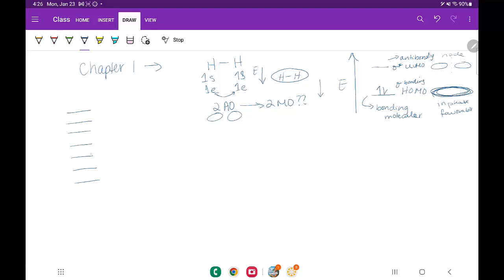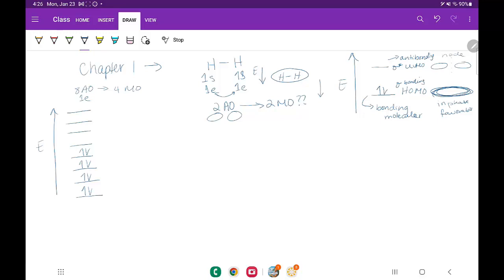But when we start thinking about more complicated molecules that have lots of molecular orbitals in them, let me give you an example. This is just a hypothetical molecule that, let's say, has 8 atomic orbitals overlapping to form 8 molecular orbitals, and each atomic orbital had 1 electron apiece. So I would fill my molecular orbitals.